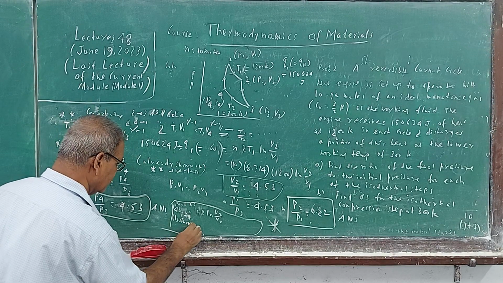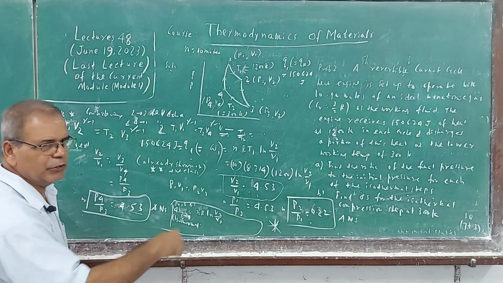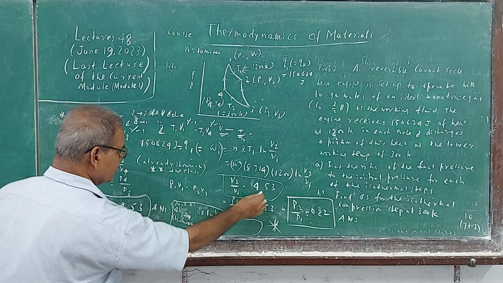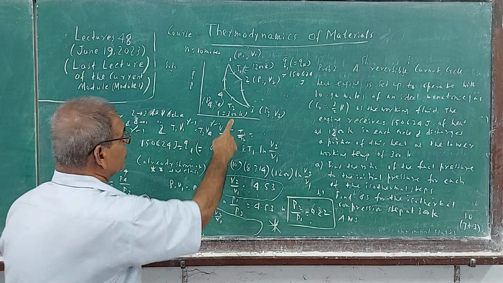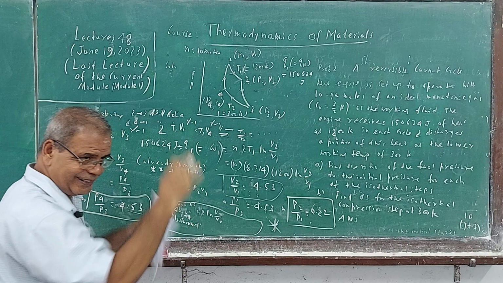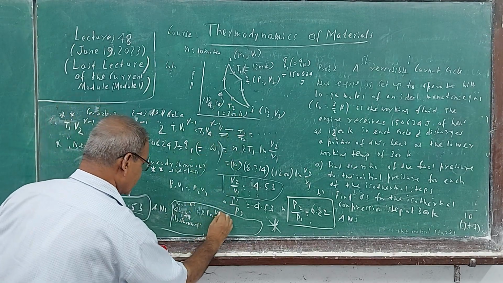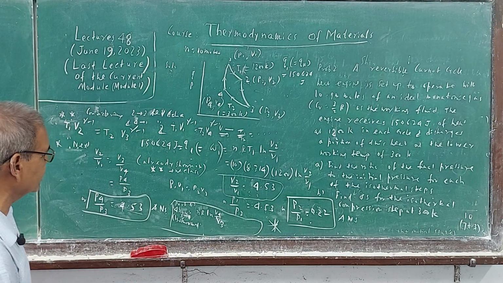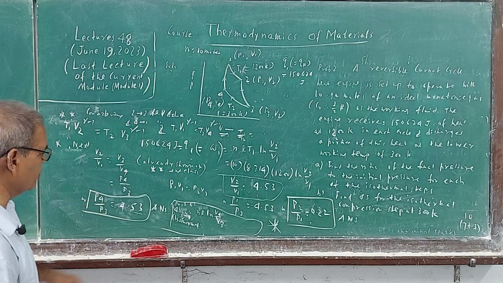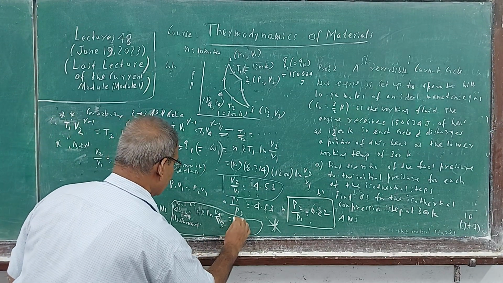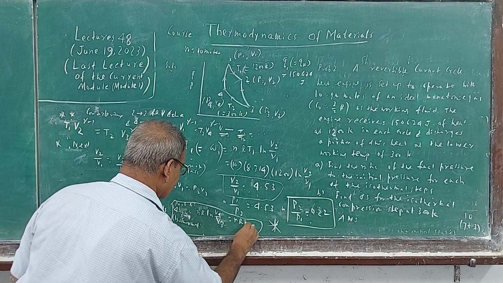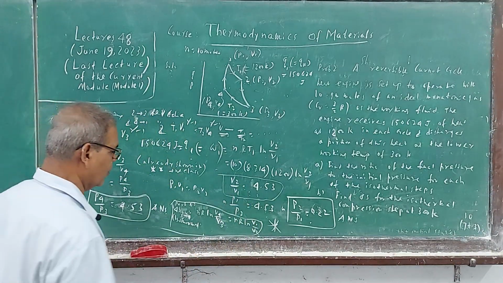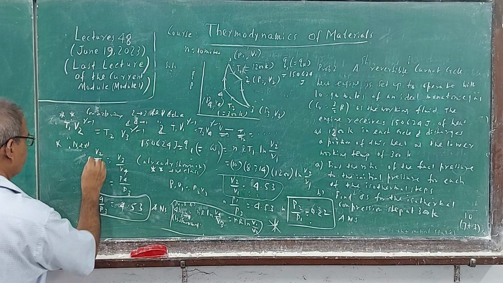For isothermal, start from scratch: delta S is Q reversible by T, or you have the formula n R ln V2 by V1. But for the last step, 3 to 4, it is V4 by V3. V2 by V1 is the general form, but here it is V4 by V3. V4 by V3 is actually V1 by V2, so it is n R ln V1 by V2, which is minus n R ln V2 by V1.